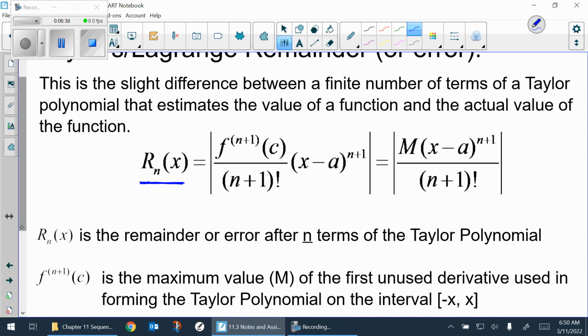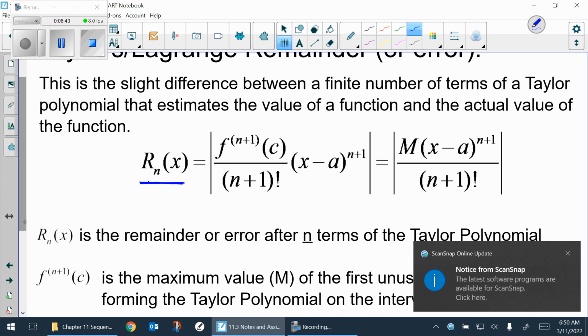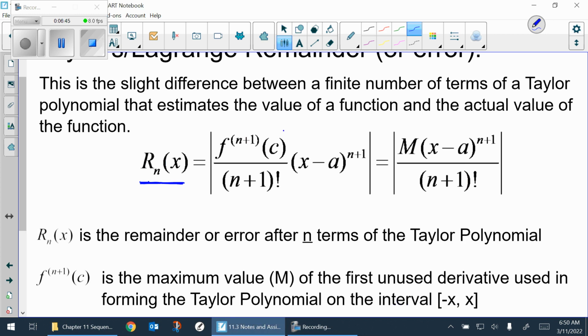The remainder after a certain number of terms is equal to this guy right here. Now, this notation means we're taking the next derivative. So if we're looking for the remainder after 3 terms, if n is 3, then n plus 1 is going to be 4.